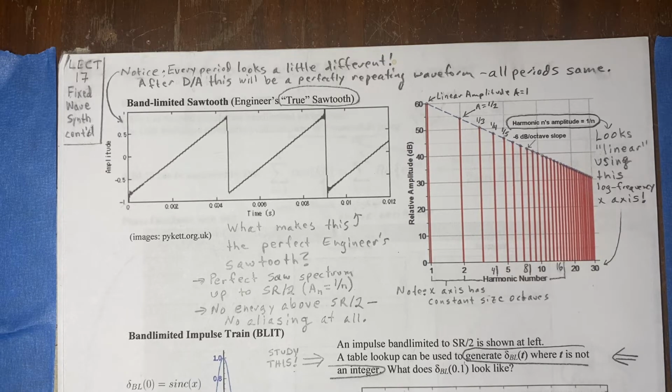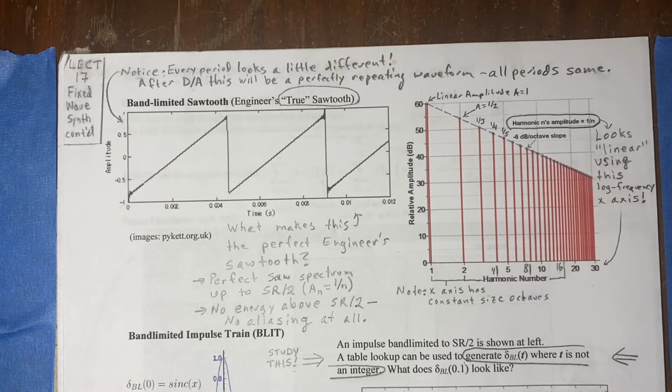In the digital world, this engineer's true digital sawtooth is different every period. And it has to be different every period if it's going to be exactly the same every period in analog. So think about that a bit. Stop the video and think about it if you need to, since you can't ask any questions. Normally we have a discussion in class at this point. But every period, it looks different.